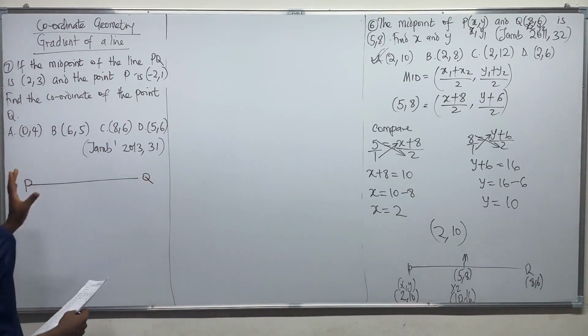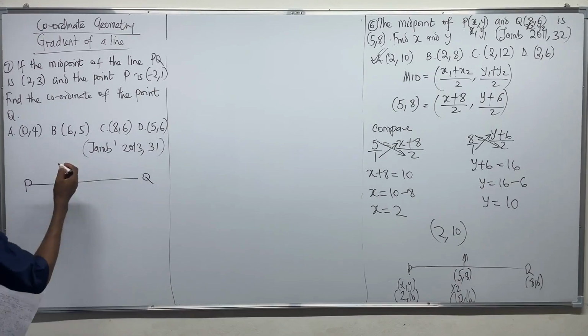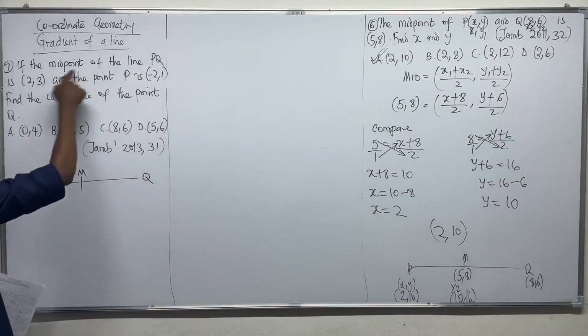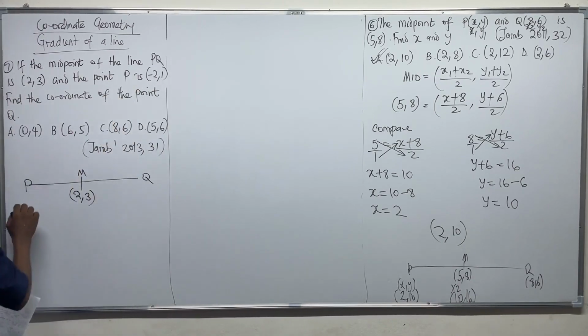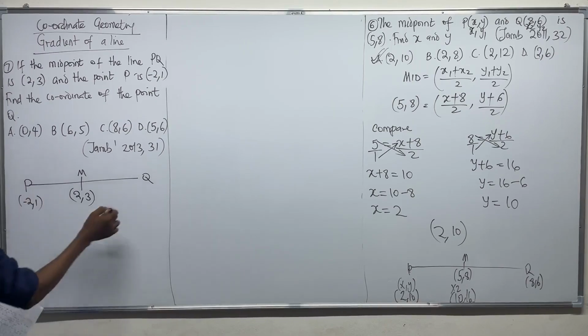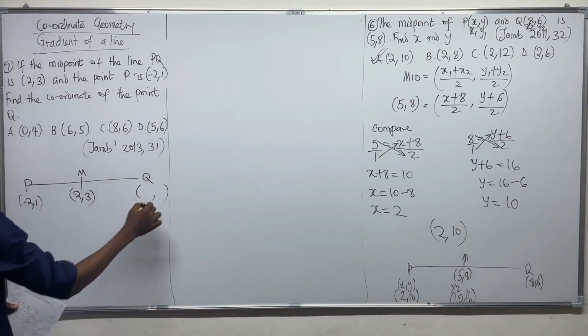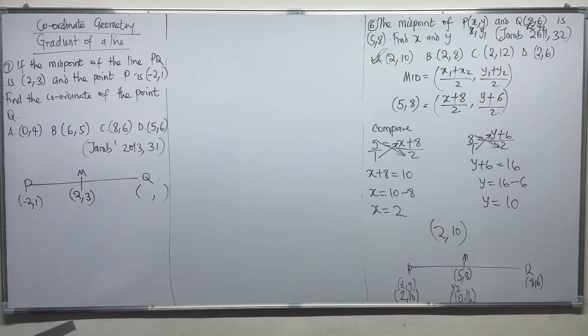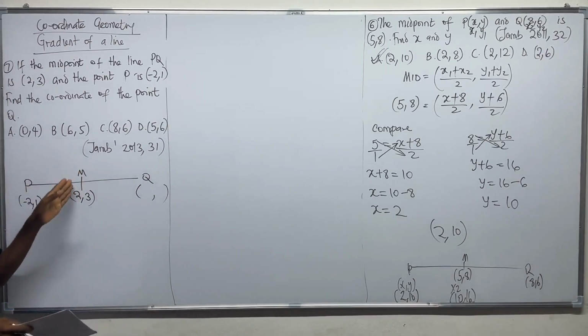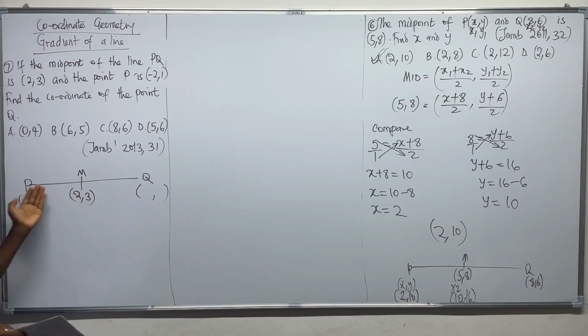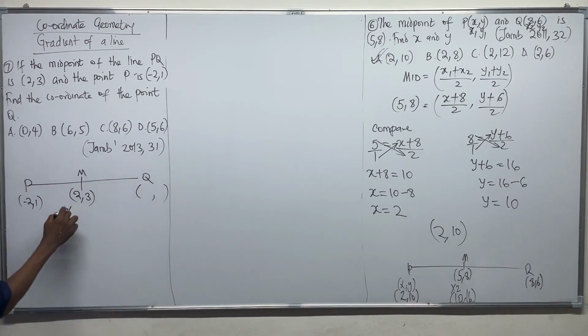Now, if this is the line PQ, we're told that the midpoint of the line PQ is 2, 3. Then the point P is minus 2, 1. We're asked to find the point Q. So this one is unknown. Here's what I'm going to do. Remember I said they've taken the half of something to get this. So to get the full one is to times it by 2.